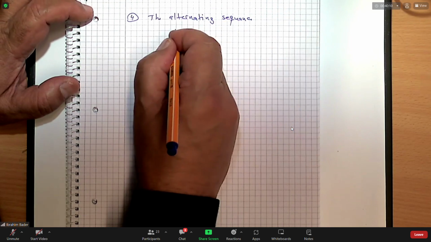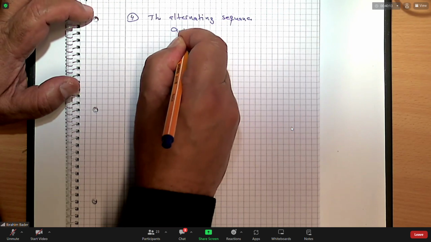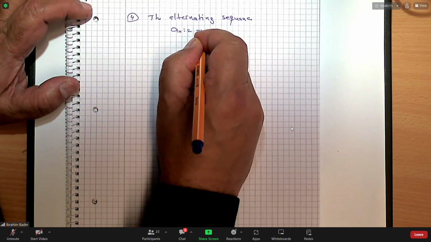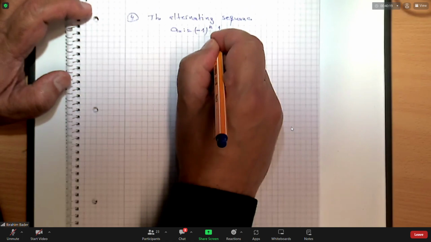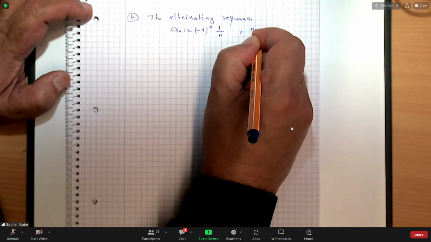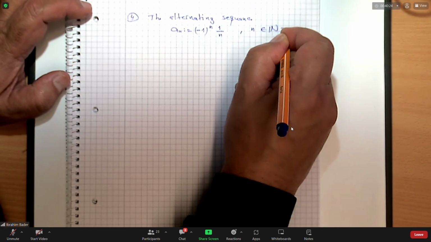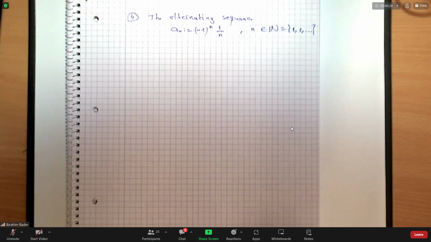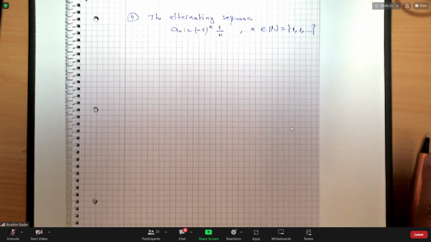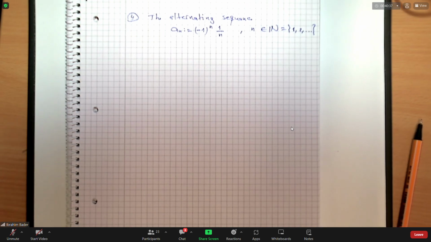We define the general term as (-1) to the power n, times, let's say, 1 over n. Here n starts at 1 and so on, so it's not defined for 0. As you see, this is (-1) to the power n, and that's why it's called alternating.